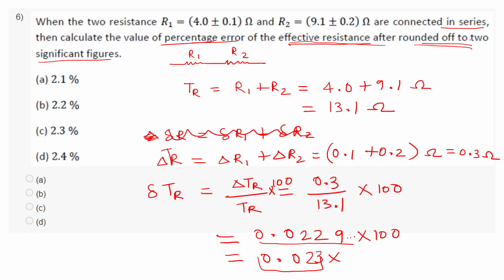Otherwise, if nothing specific is asked, then by our default rule we take the least number of significant figures, which is 1 here. But here we have been asked to round off to two significant figures, so we'll round it off and then multiply it by 100, which will give us 2.3%.